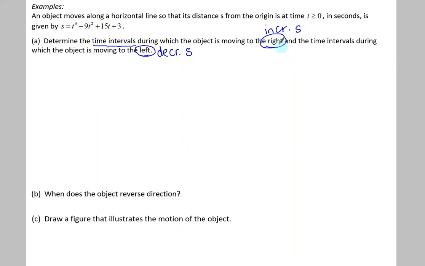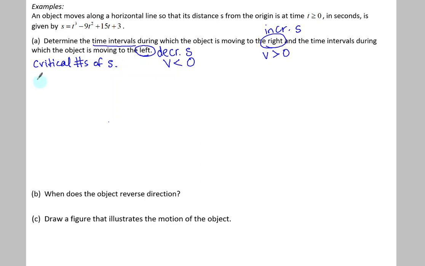So that's going to be where the derivative, which is the velocity, is greater than 0. And where a function is decreasing, if it's a position function, that's going to be where the velocity is less than 0. So we need to start by finding the velocity and figuring out where it equals 0, or rather, figuring out the critical numbers of the position function s.